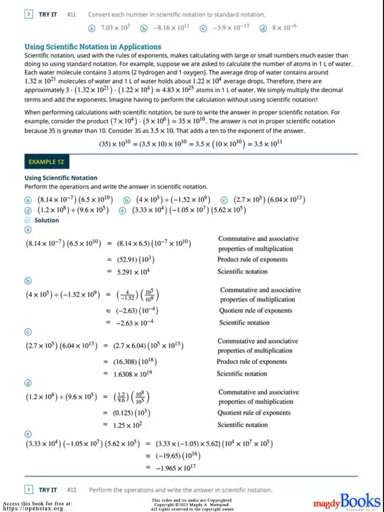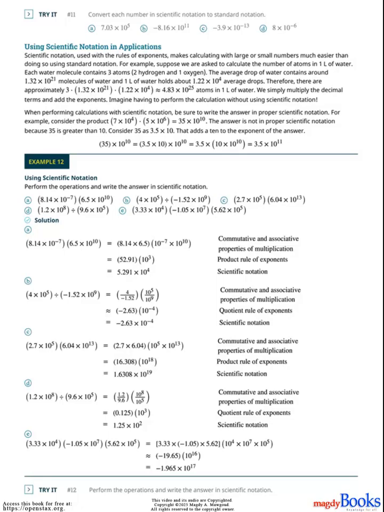Commutative and associative properties of multiplication = (16.308)(10^18). Product rule of exponents = 1.6308 × 10^19.